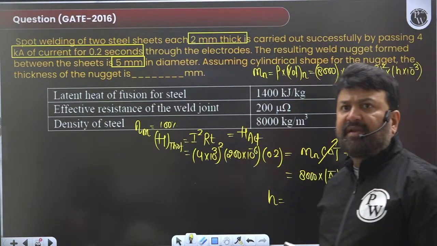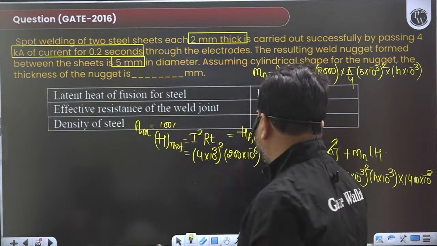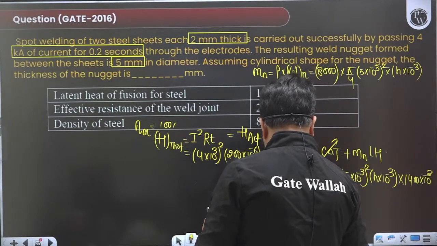How much is it coming? 2.9. Good. So 2.9 mm.